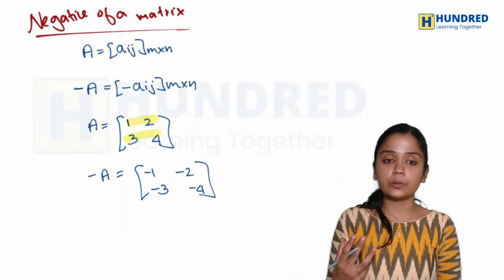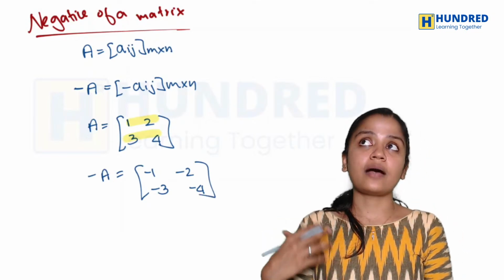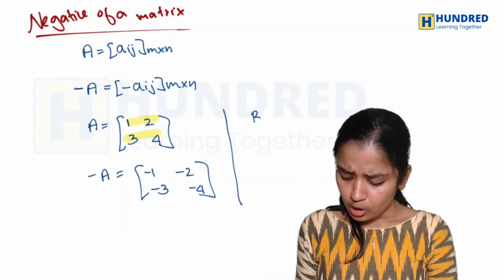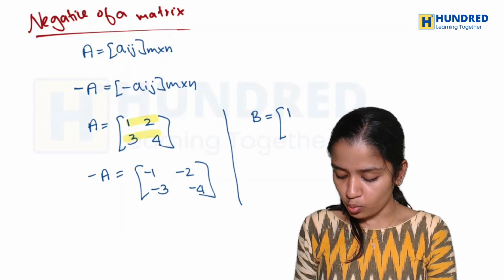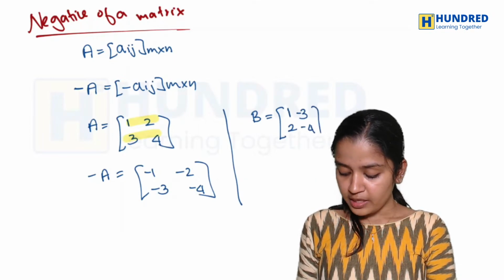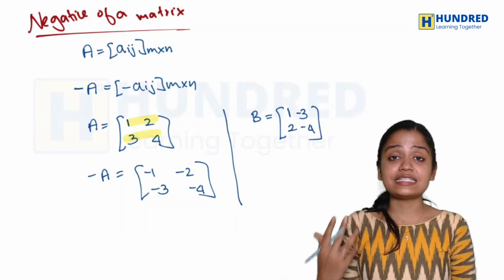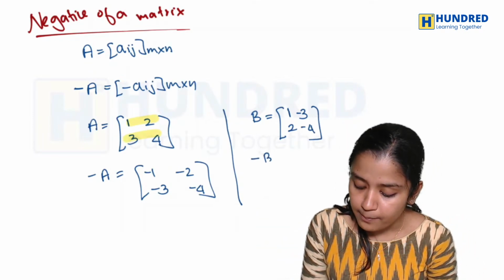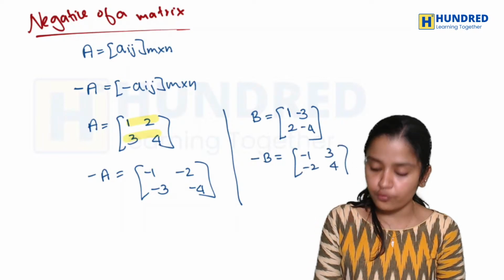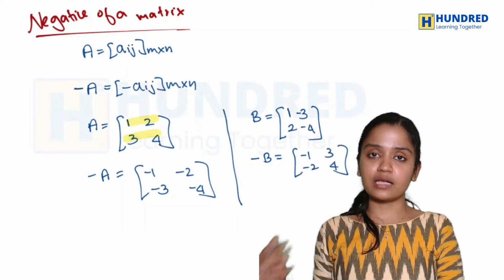Like this only we will be doing. Okay. For example, if I take some other matrix B, so B will be basically 1, 2, 3, minus 3, minus 4. If you're having this term, what is negative of B? So basically minus B is equal to minus 1, minus 2, 3 and 4. This is what you will be getting.